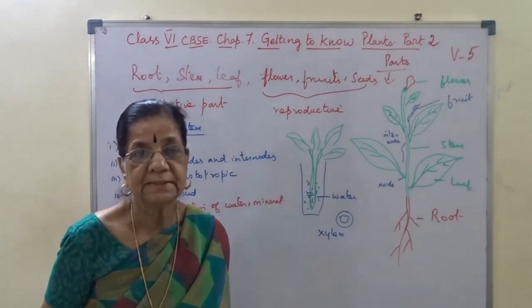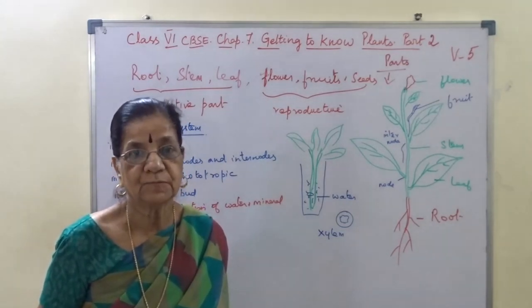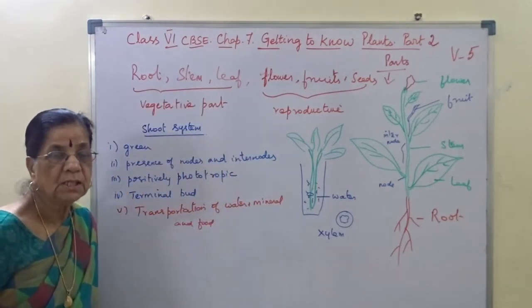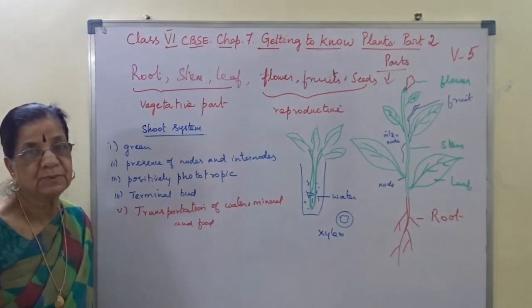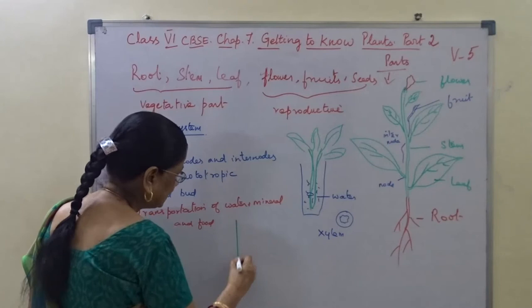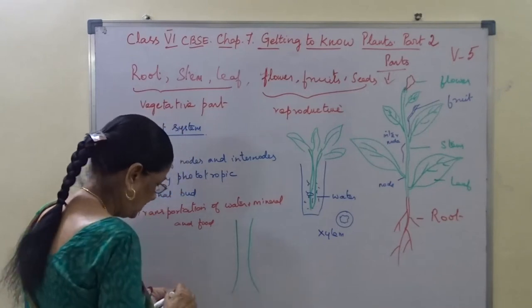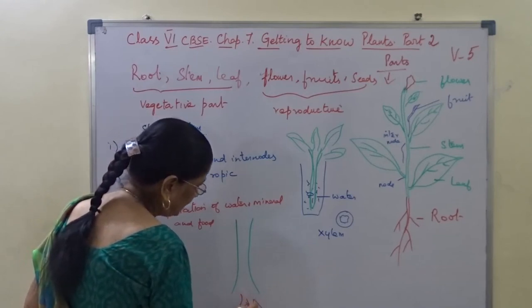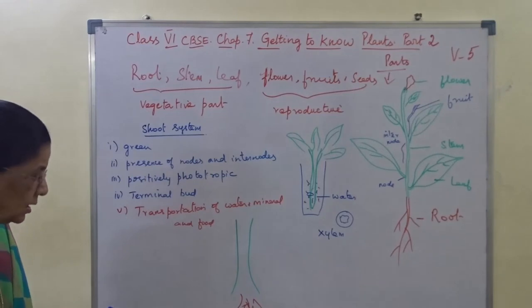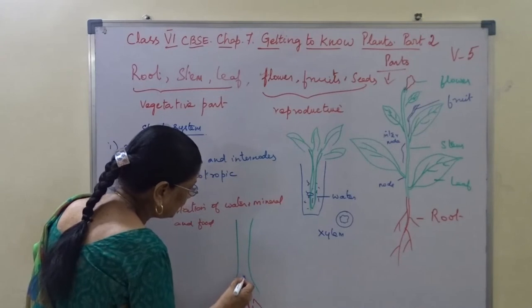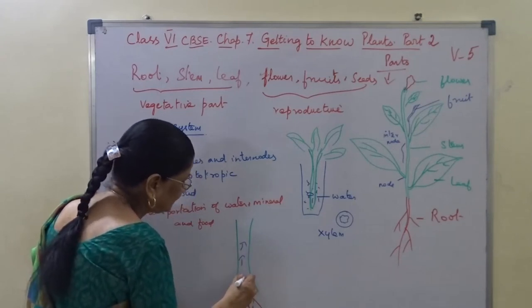So this is the activity given in our textbook. So transportation of water and minerals all through the stem is taking place. Then one more, we say that this is the stem portion, and this will be the root system. So now the water is taken up from the root to the shoot system.